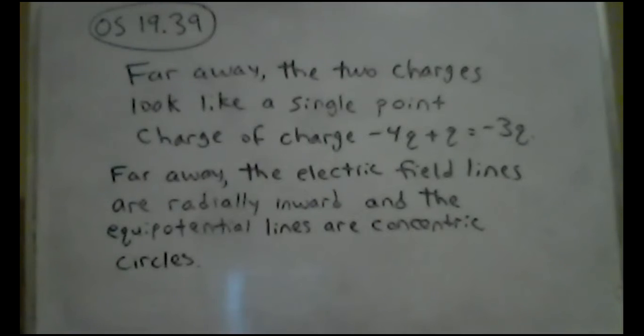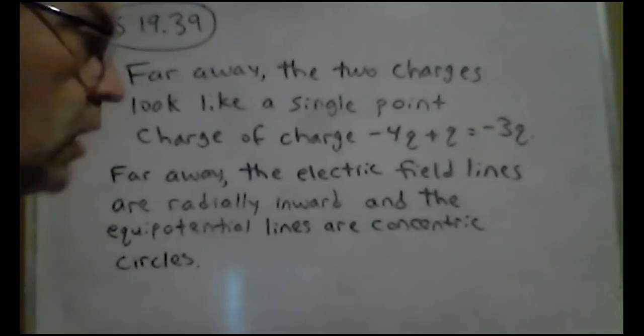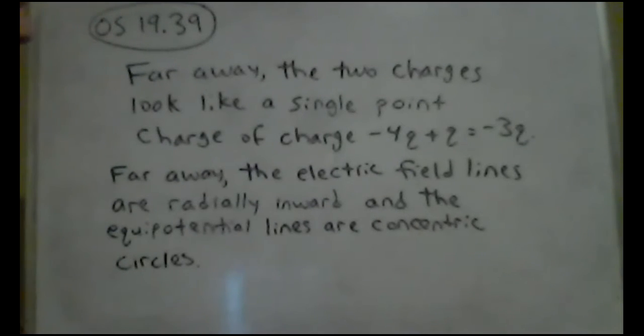It looks like a point charge. Overall, it doesn't really matter that it's two separate charges, negative 4q and q. From far away, it looks like an overall charge of negative 3q. The electric field lines look radially inward, and equipotential lines are concentric circles.